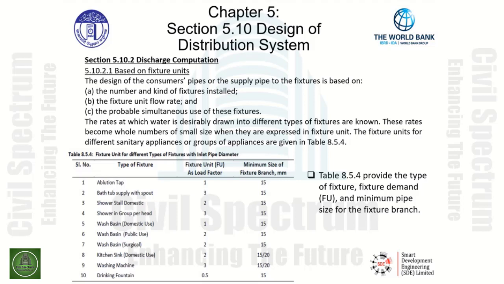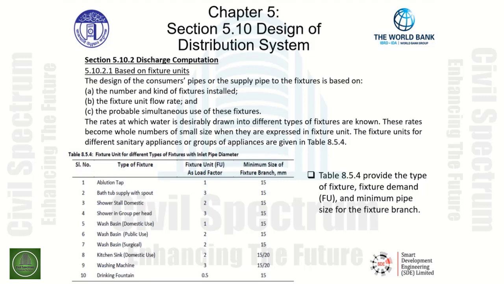As an example, within the table, if we were looking for information regarding a shower in group per head, item number 4, the fixture unit as a load factor for this type of fixture is 3. The minimum size of fixture branch in millimeter for the shower in group per head is a minimum pipe size of 15 millimeters.